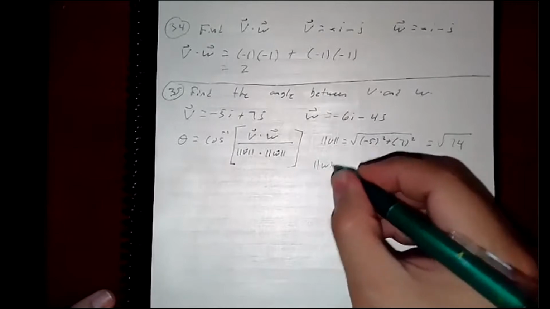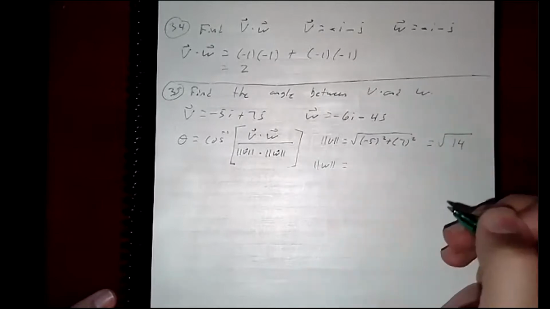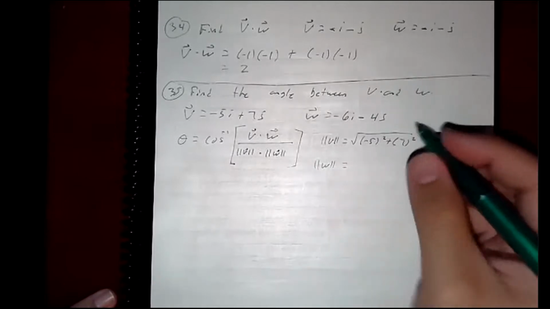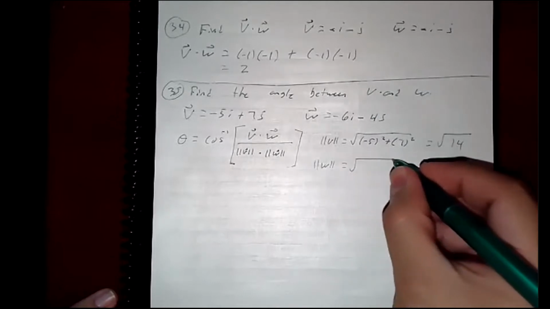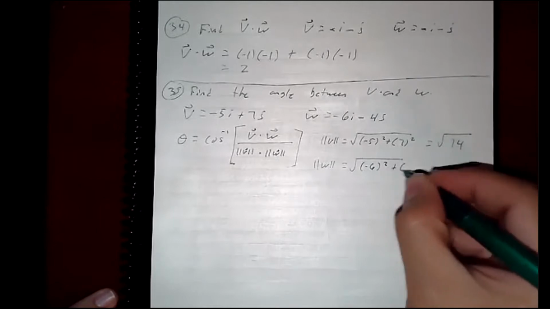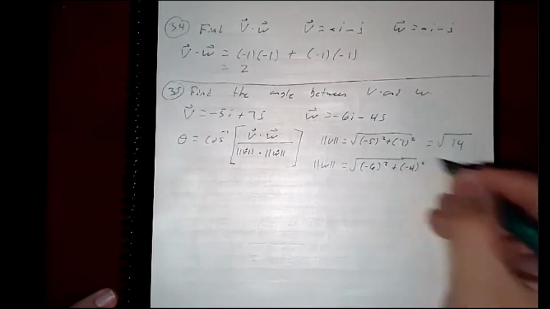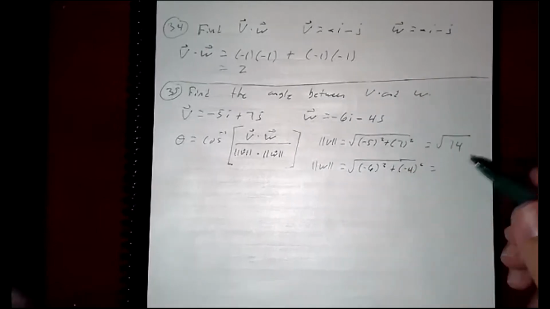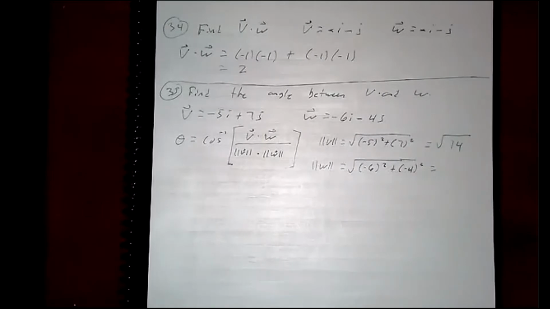All right, so magnitude of W. That would be square root of negative 6 squared plus negative 4 squared. So that'd be 36 plus 16.